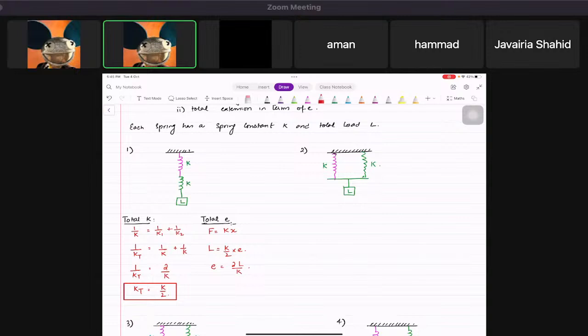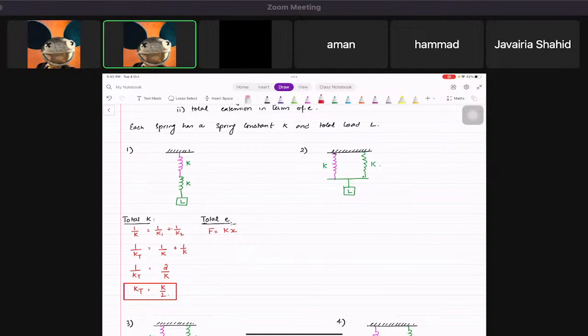Now think about it this way, right? Wait a second. We need to basically remove L somehow so that we get this. This would not be the right way of doing this. That would be too easy then.